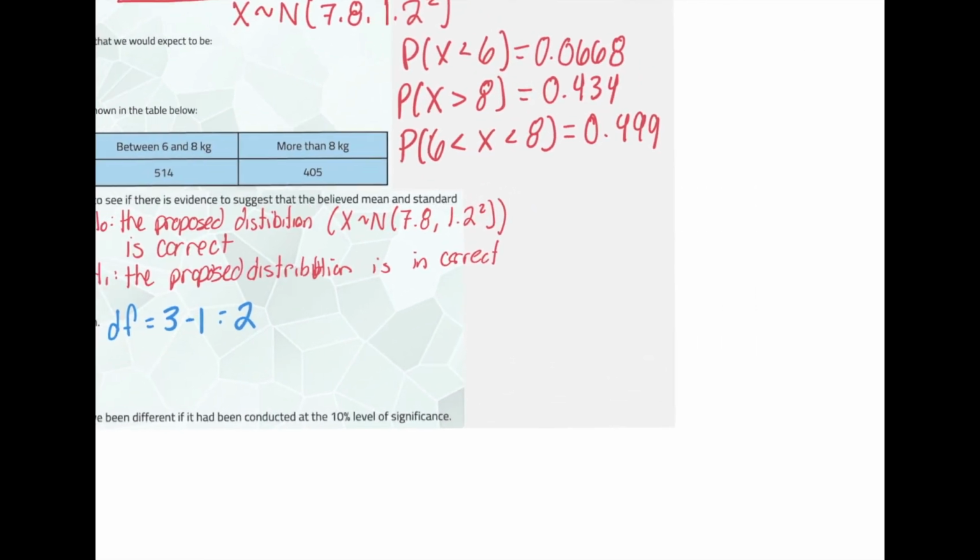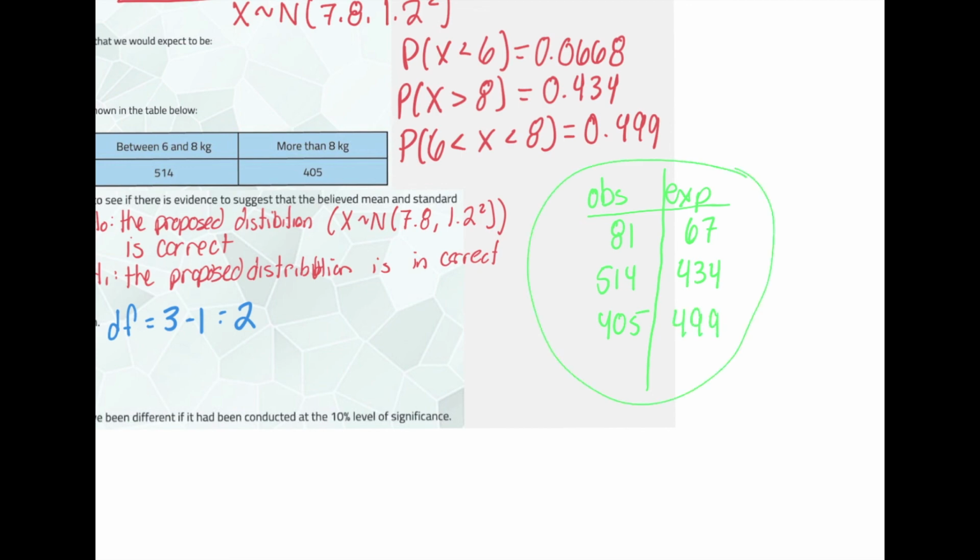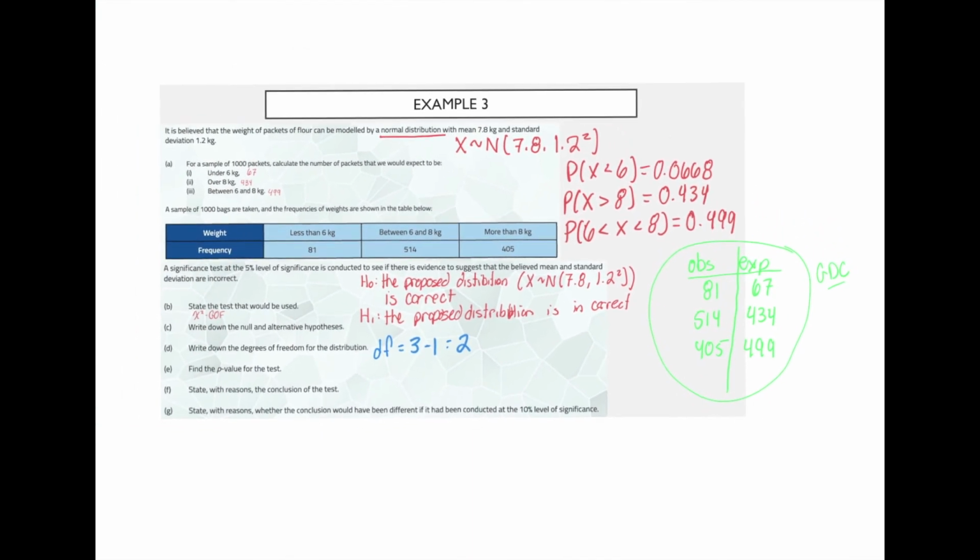In your calculator, you're going to have your observed data and your expected data. The observed data is 81, 514, 405. And the expected is 67, 434, and 499. So this should be going in your GDC.